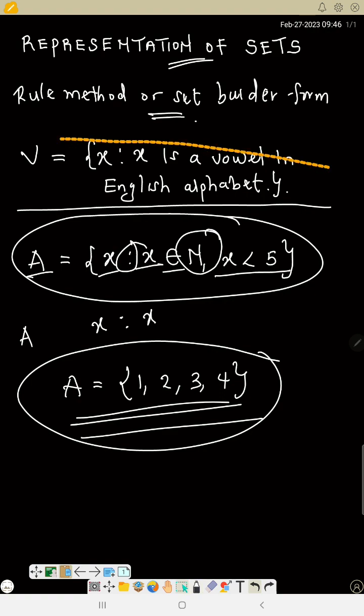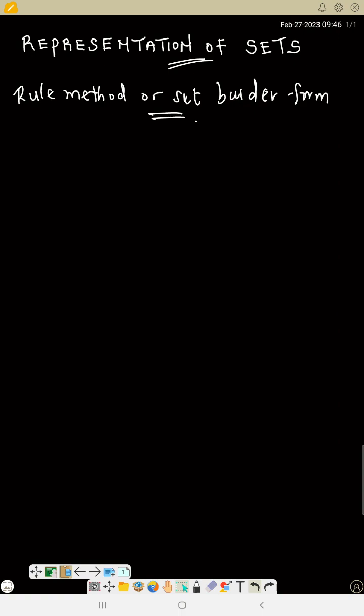Let's see more of this, because this representation is useful for knowing how to bring out numbers. Now let's say B is equal to, so what does this one mean? B is the set of all y such that y is a member of the integers, Z. What's an integer?